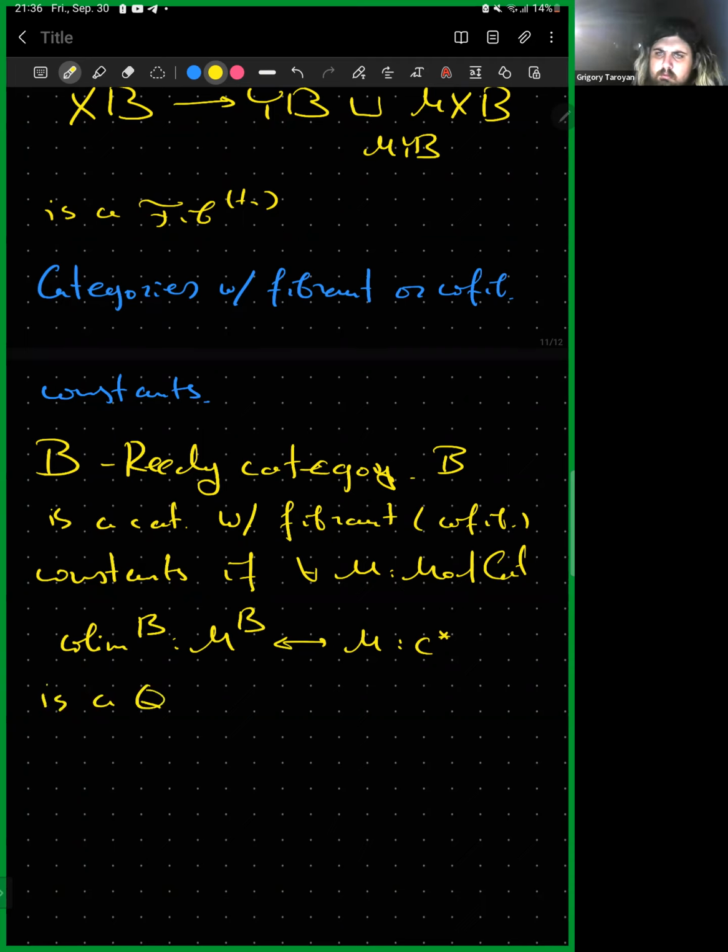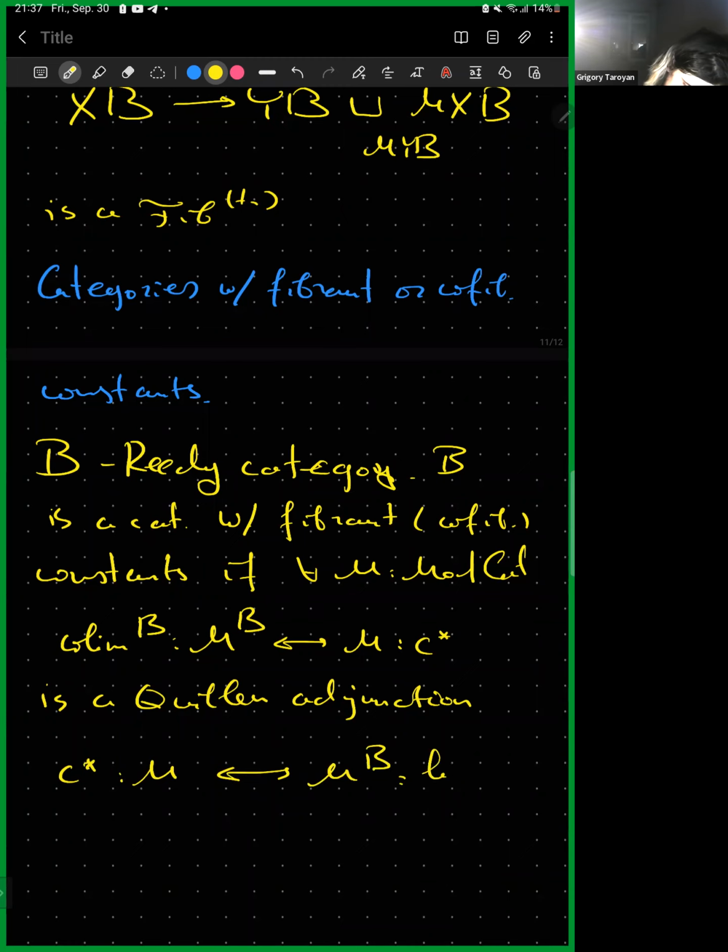So this is the case of a Reedy category with fibrant constants, and if we write down the same thing in reverse for limits, then we will obtain a category with cofibrant constants.